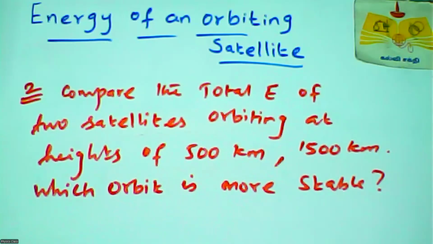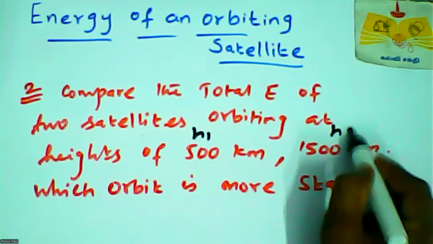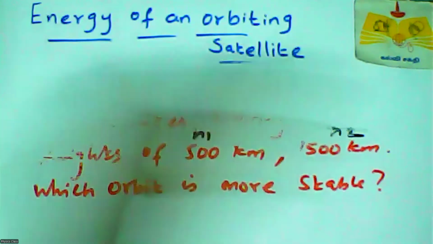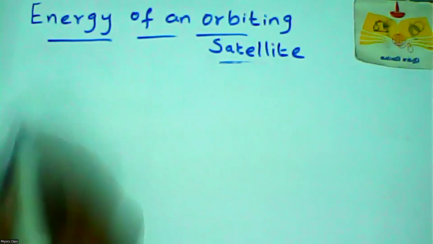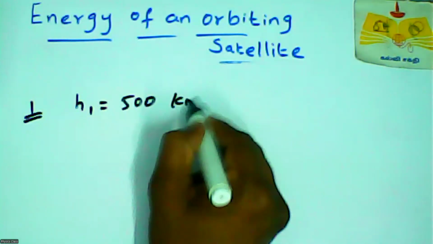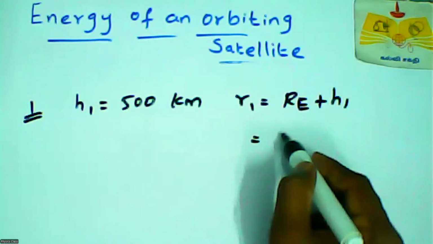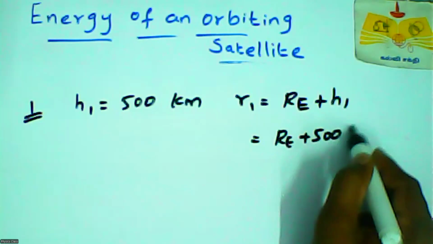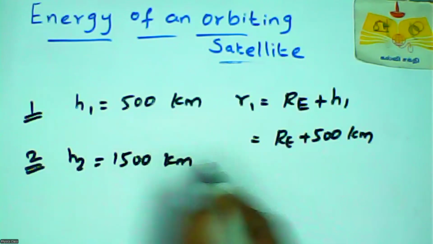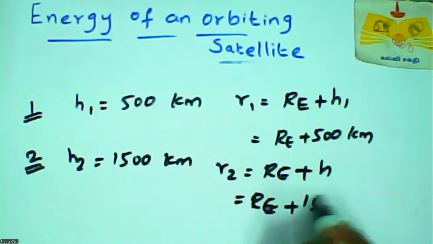Okay, right. For example, here this is H1, 500 kilometer. This is H2, 1500 kilometer. For satellite number 1, height H1, 500 kilometer, the orbital radius R1 means RE plus H1, so RE plus 500 kilometer. For satellite number 2, H2, 1500 kilometer, R2 is RE plus H2, so RE plus 1500 kilometer.